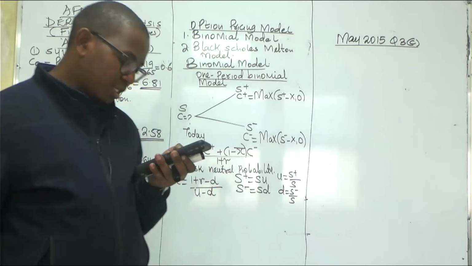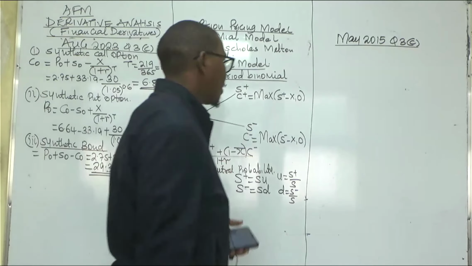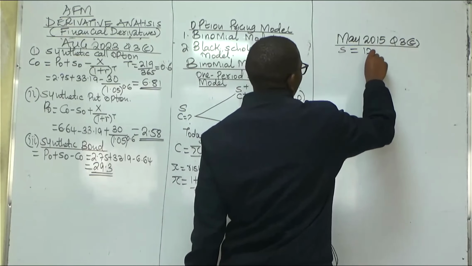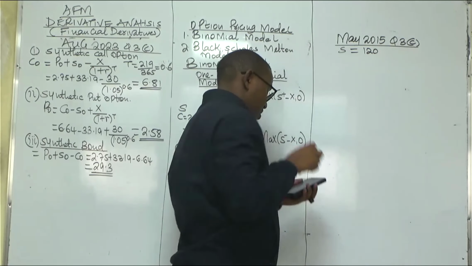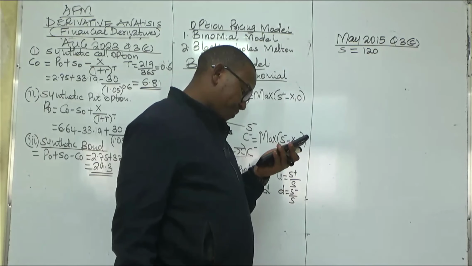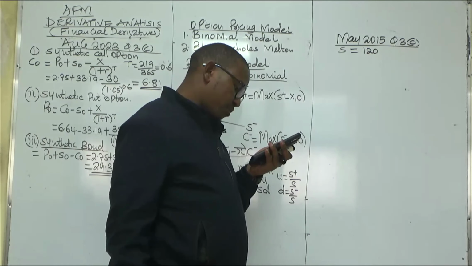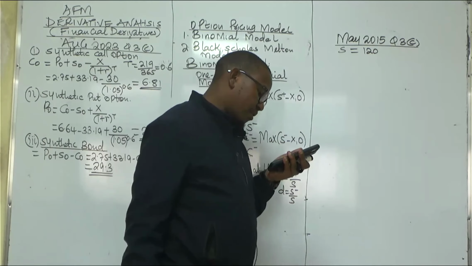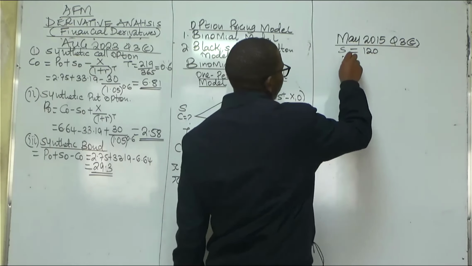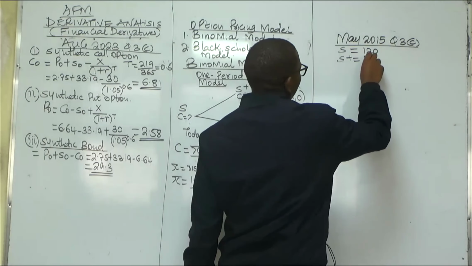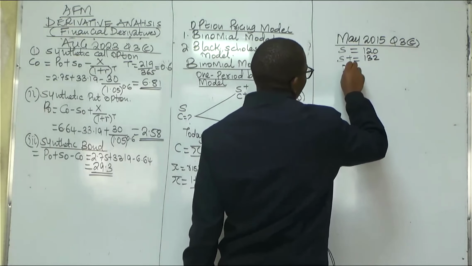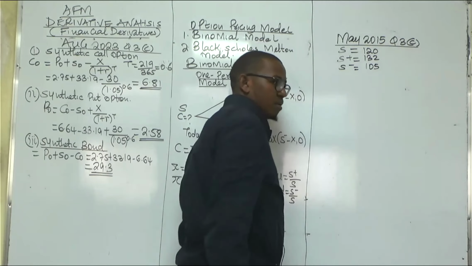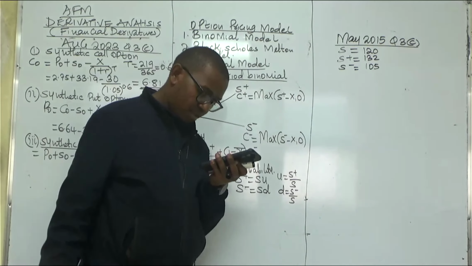A share is currently selling at 120. That is the spot price. S is 120. You've been given that there are two possible prices of the share after 1 year. When it goes up, it is 132. When it goes down, it is 105.